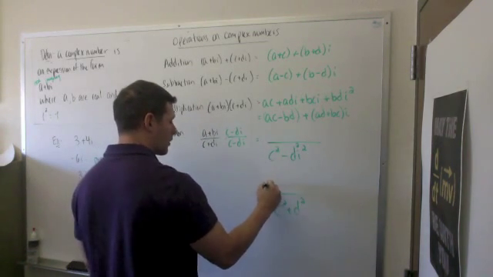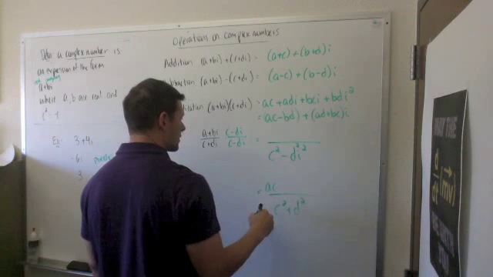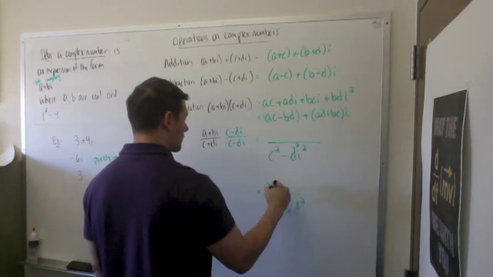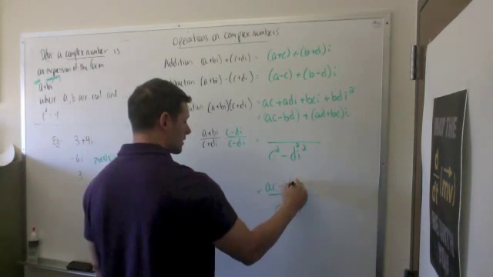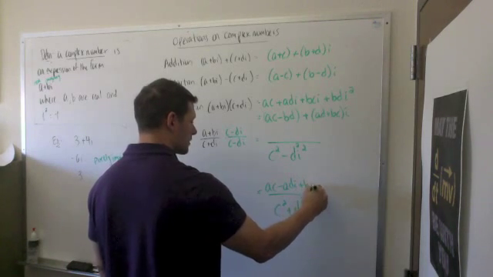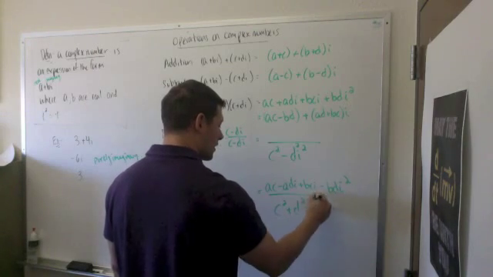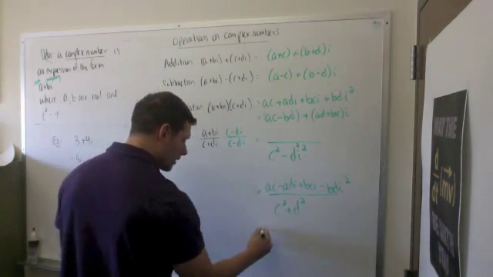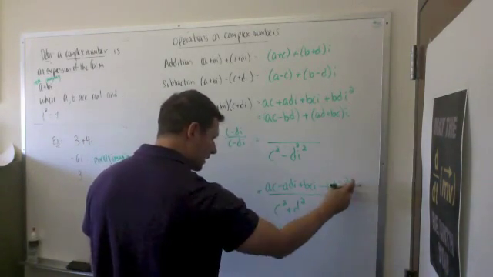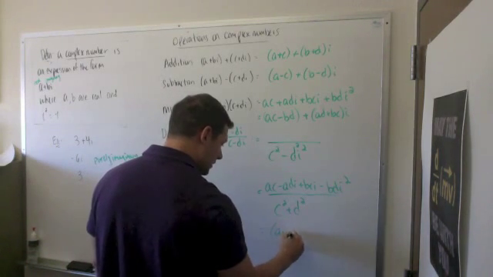And on top we FOIL, we get ac, and then we get first outer minus adi plus bci minus bdi squared. But we know i squared equals -1. So it'll be ac, and negative bd is plus bd.